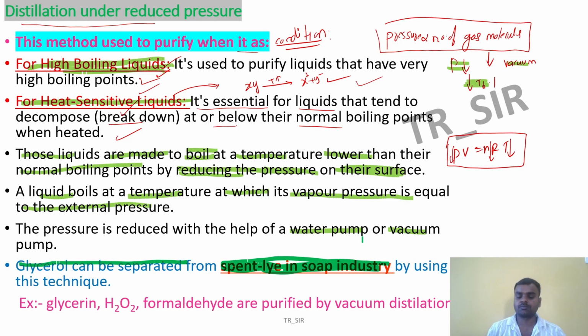Glycerine, peroxide, and formaldehyde are purified by the vacuum distillation method. This is also called vacuum distillation. We are using the vacuum pump to reduce the pressure, to decrease the temperature, so as not to decompose the compound. I hope this is clear.